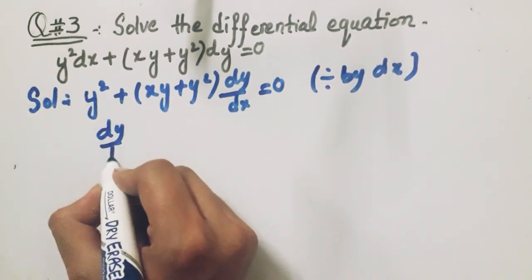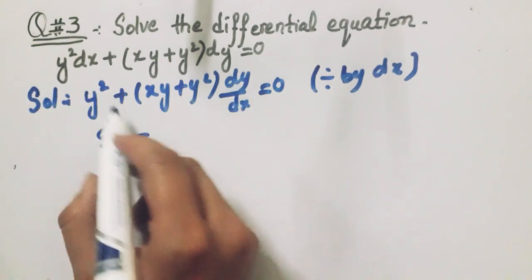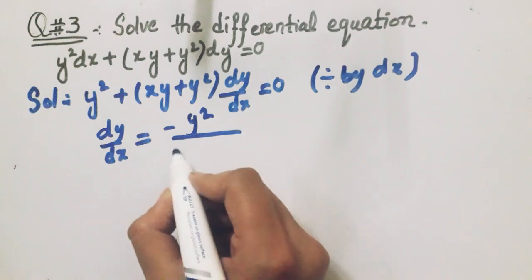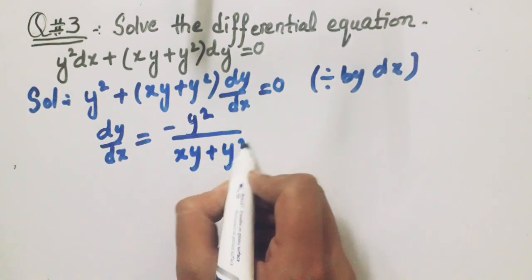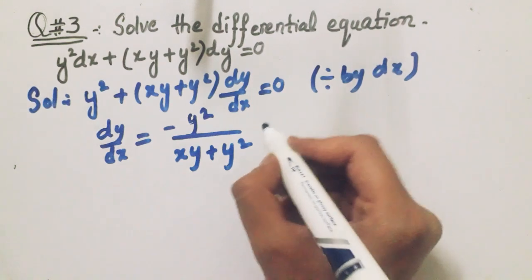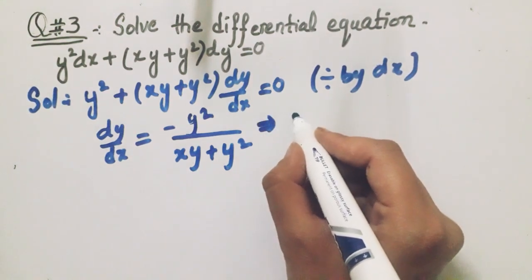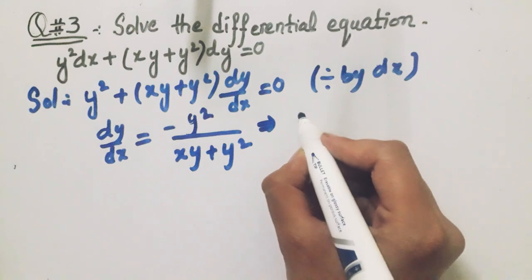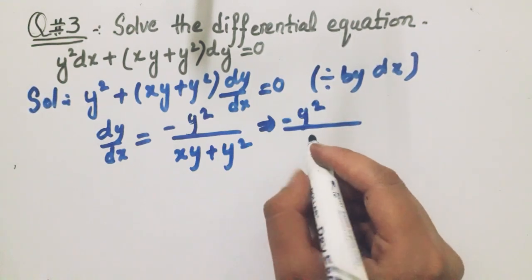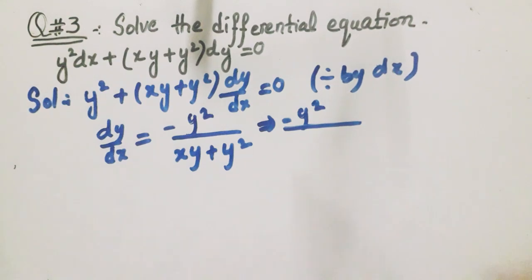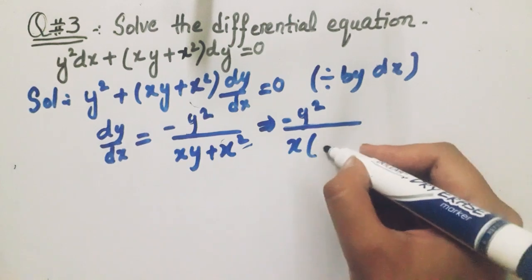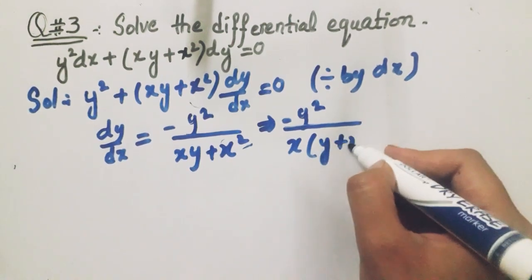So dy by dx will be equal to minus y square divided by xy plus y square. Now simplify this, it will give you y square. Take y common, so you will get y plus x.